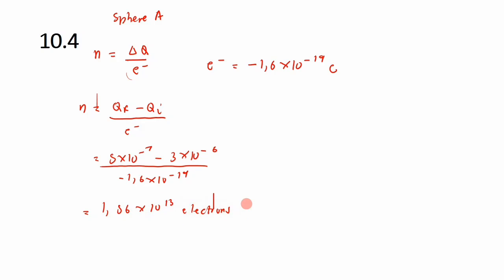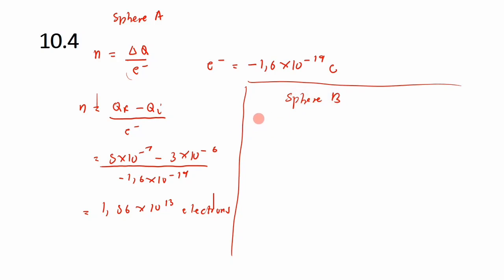Now, you might be wondering, what if we use sphere B? Will we still get the same answer? So now let's try it using sphere B. For sphere B, again, the same formula, N is equal to change in Q over e, right? So we have Q final minus Q initial over e. Now, what is the Q final?